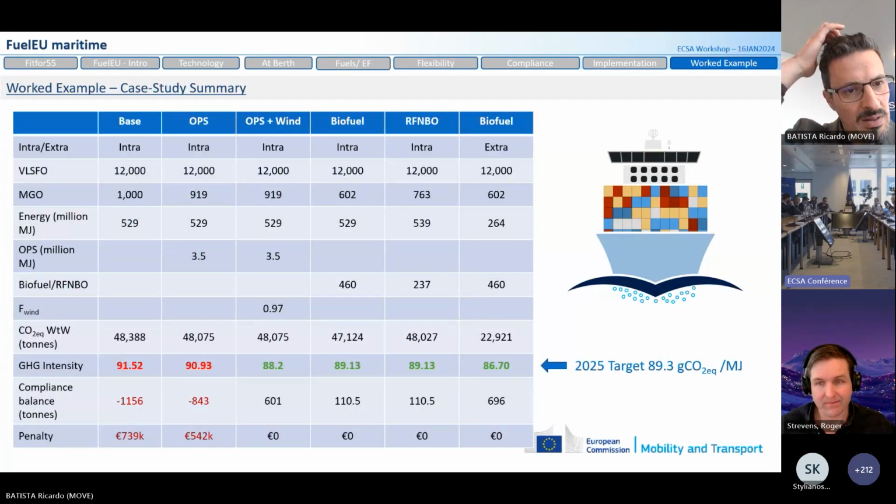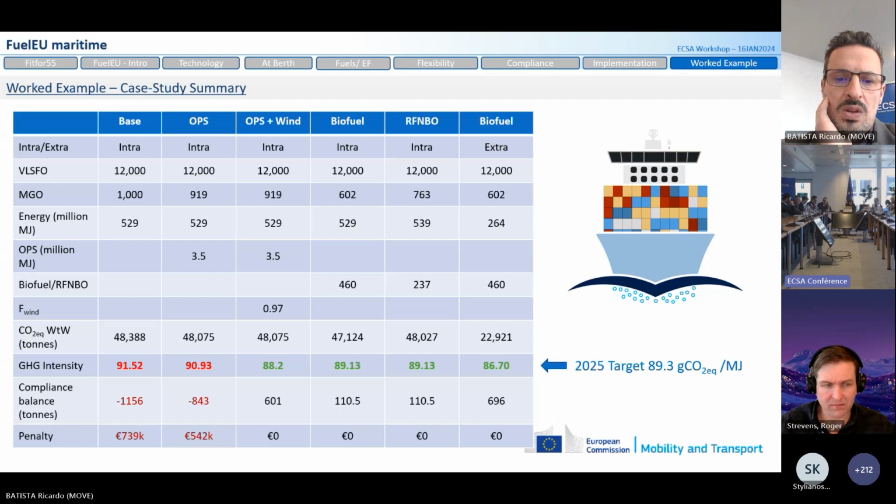We look now at this summary. Let's say we ran through the base case, we used OPS, we then changed to OPS plus wind. We looked at biofuels, RFNBOs, and biofuels in the end on the extra EU voyage. I would call your attention to one thing.